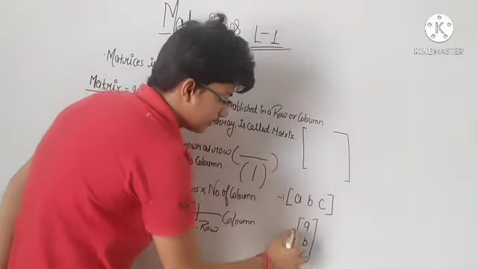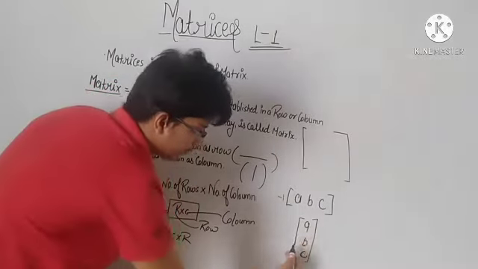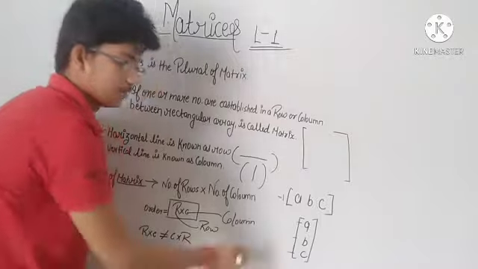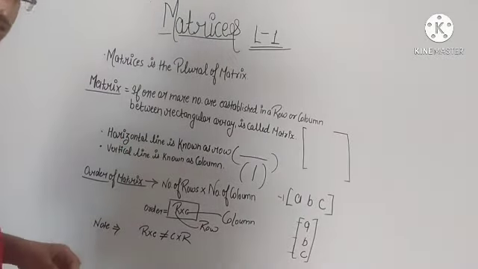One row and 3 columns, and 1 column in which 3 rows are there. So clear?